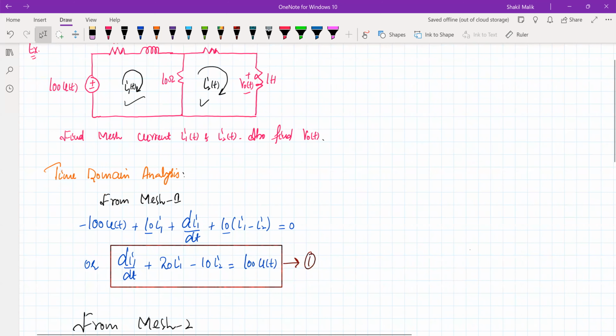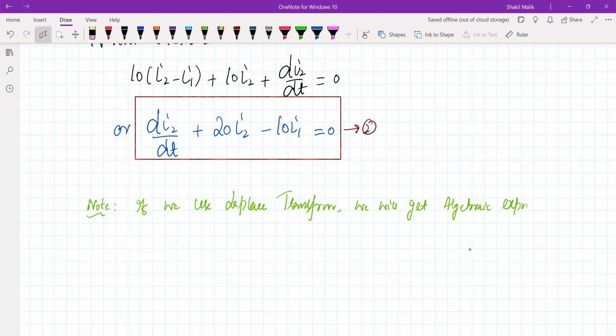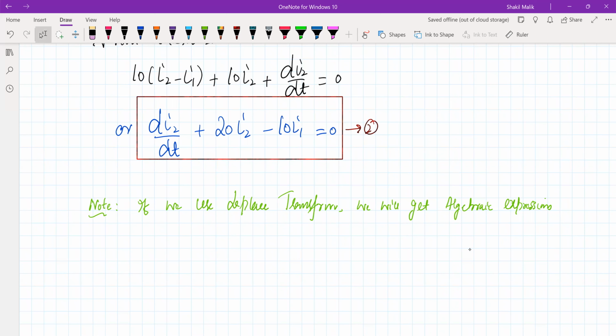So if we know how to apply the Laplace transform first of all, we will have simple algebraic expressions instead of these differential equations.